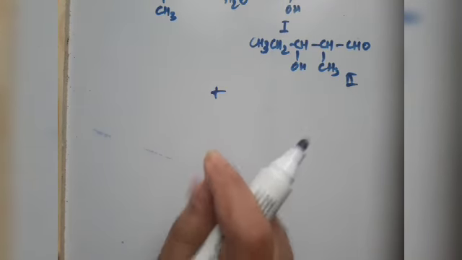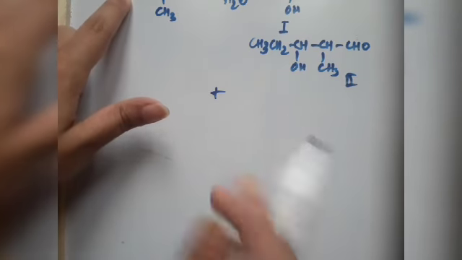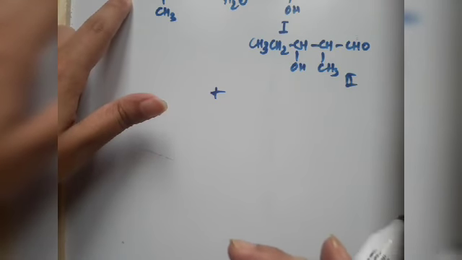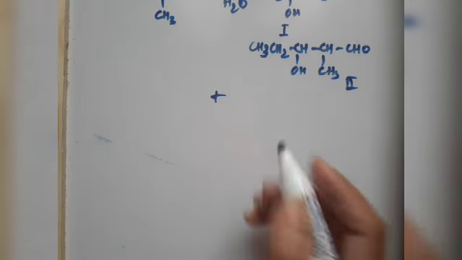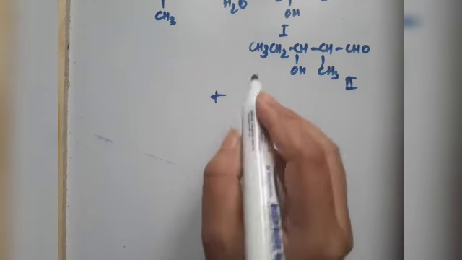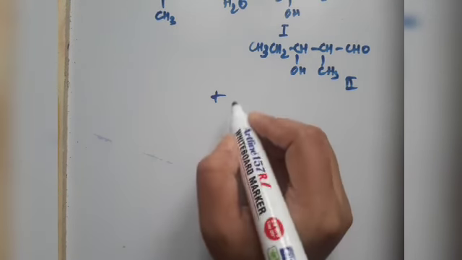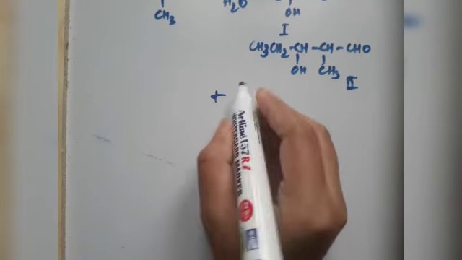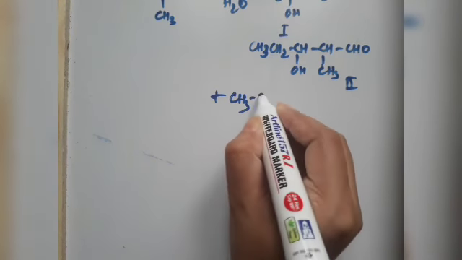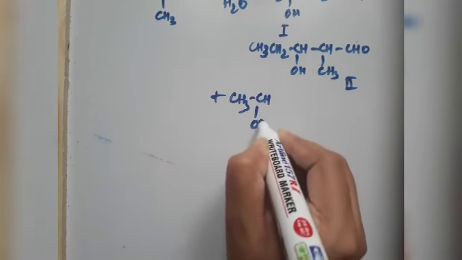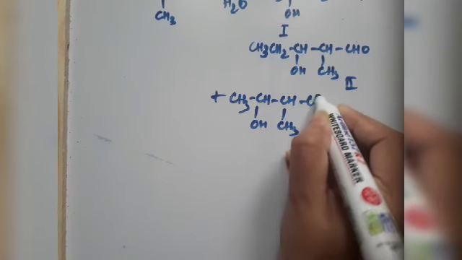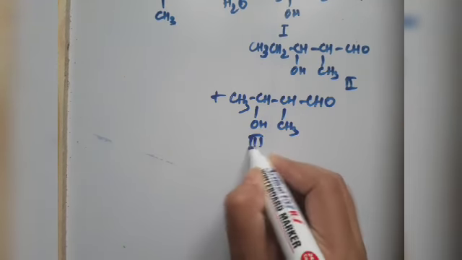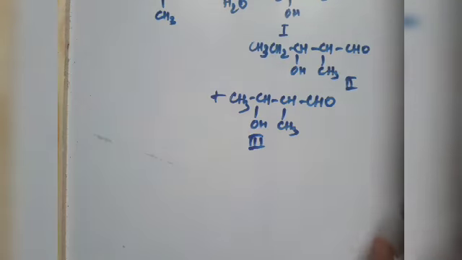Now the carbonyl carbon of ethanal becomes attached with the alpha carbon atom of propanal. Okay, so we will have another crossed aldol product. So this is CH3, CH, OH, CH, CH3, CHO. This is formed from these two.